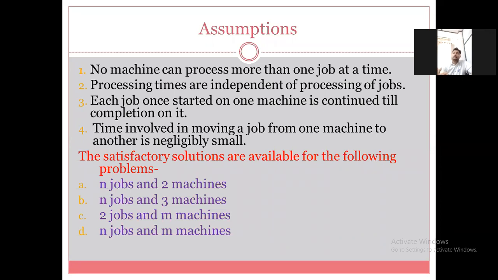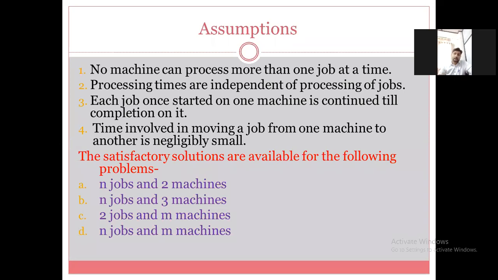If there are 3 machines, and there are 10 jobs or 5 jobs or 4 jobs, and each job should pass through 3 machines in a sequential manner, that is, the operation of the first machine should be performed on the first job, then it should be transferred to the second machine, then it should be transferred to the third machine, then that problem statement category comes under n jobs and 3 machines.